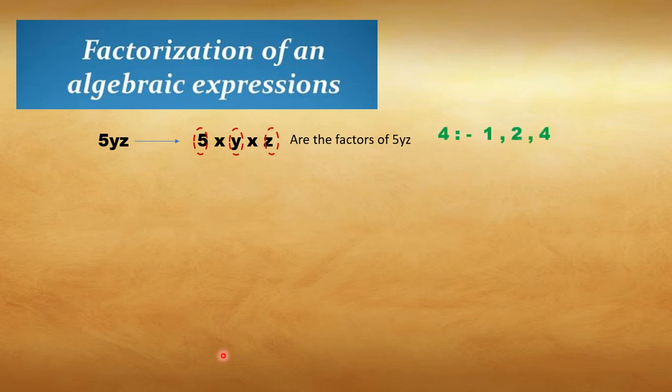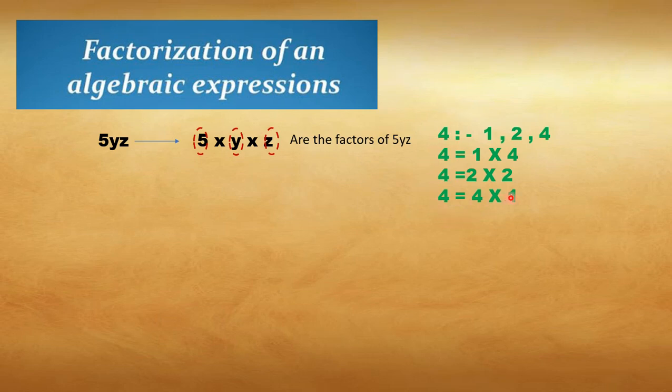4. What are the factors of 4? 1, 2, 4. Now if we want to write the number 4, how can we write it? 1 into 4, 2 into 2, or we can write 4 into 1. Here 1, 2 and 4 are the factors of 4, and by using the product of these factors we are able to write the given number 4.